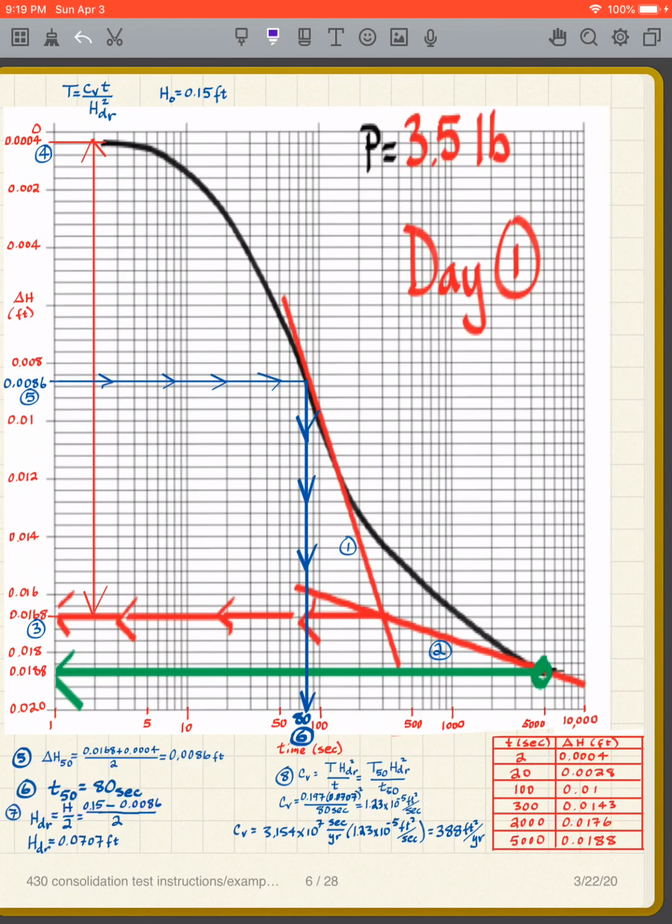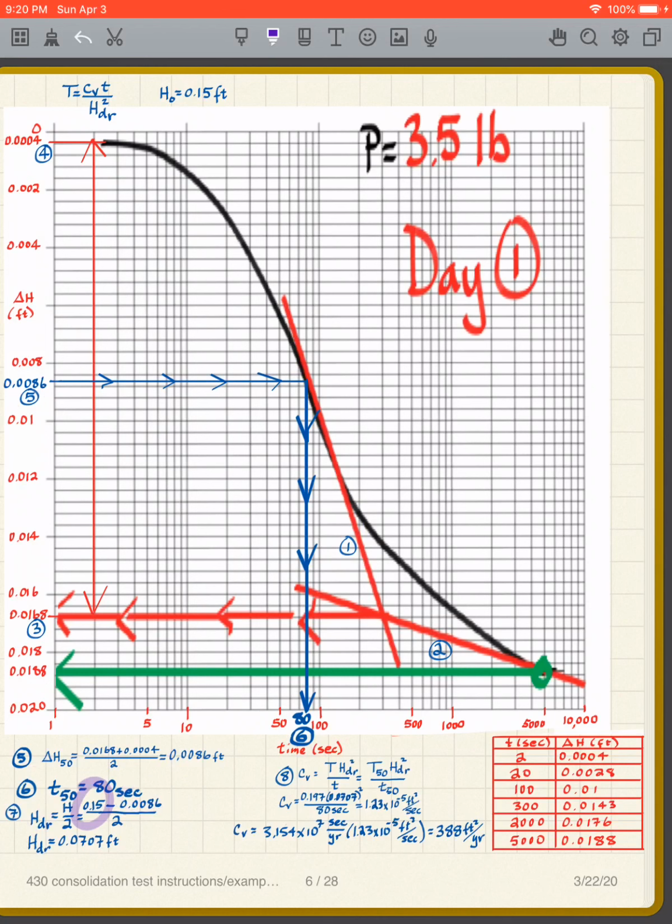And then I'm going to get my HDR over 2, which you should know at this point what HDR is. In this case it's double drainage. The test itself is double drainage, so it's going to be my H over 2. Well, my H initially is 0.15, but now it's shrunk down by the delta H50.